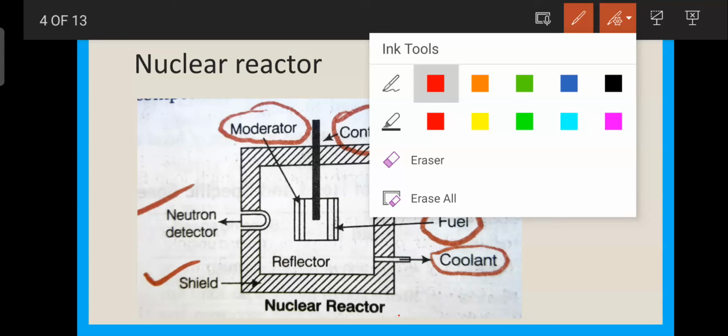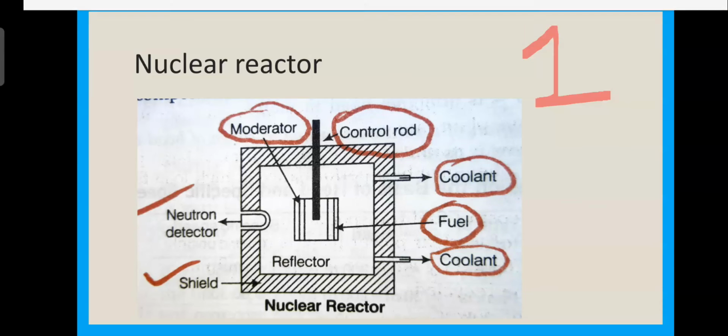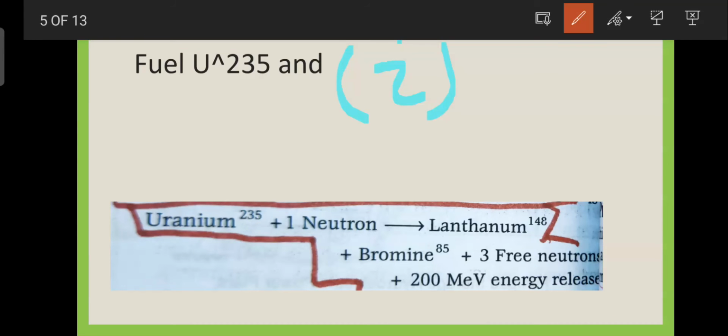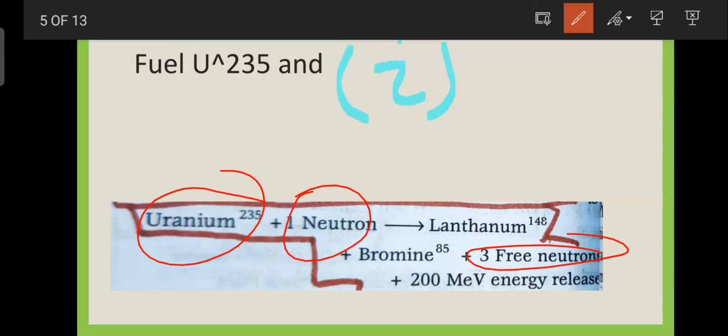In the next slide we will see this, our main reaction of the nuclear reactor. Uranium 235 plus 1 neutron gives rise to 3 neutrons and lanthanum 148 plus bromine 85, with 200 mega electron volt of energy released by one neutron bombarding the uranium 235. This is our fission process.